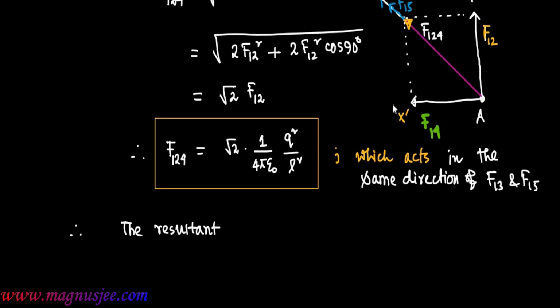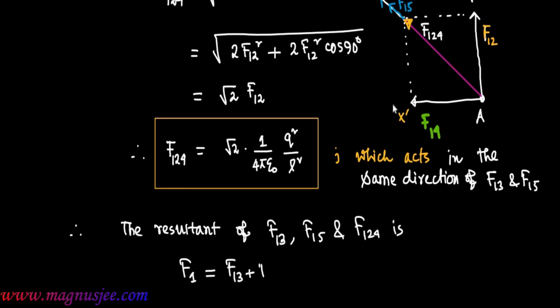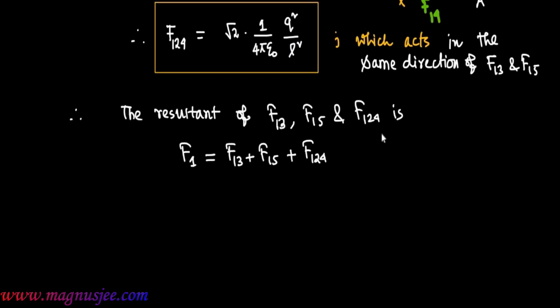Therefore, the resultant of these three forces, which are acting along the same direction, that means the resultant of F13, F15 and F124, is given by F1 equal F13 plus F15 plus F124.